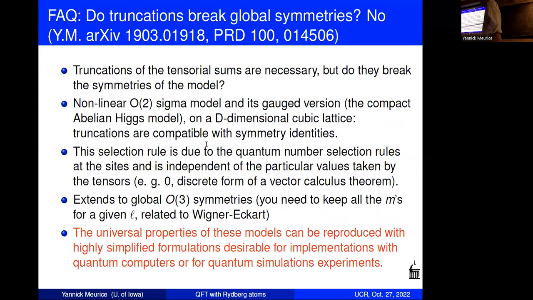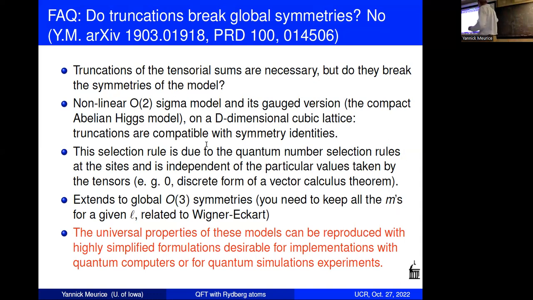The truncation: when we did the O2 model, we had infinitely many modes. If you want to put this on a quantum computer, you need to truncate, and the truncation preserves the symmetries, because the symmetries are encoded in these Kronecker delta functions, not in the particular value of the Bessel function. So if you set some small-valued Bessel function to 0, you don't break the symmetry. It also works for O3 symmetry, and it's actually very related to the Wigner-Eckart theorem.